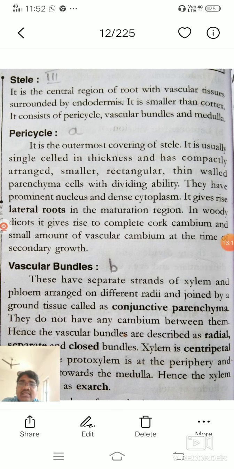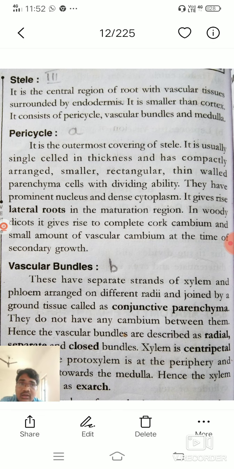It is the central region of the root with vascular tissue surrounded by the endodermis. That is the stele, the third region in the dicot root. It is smaller than the cortex. It consists of pericycle, vascular bundles and medulla.